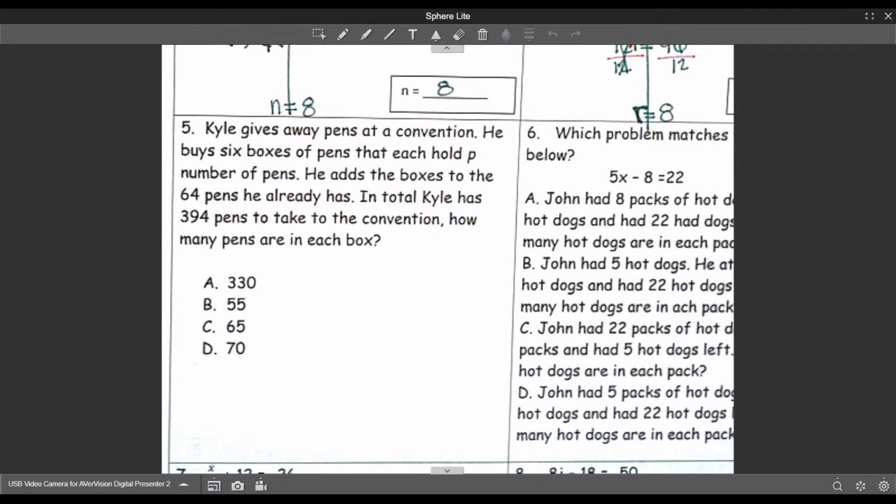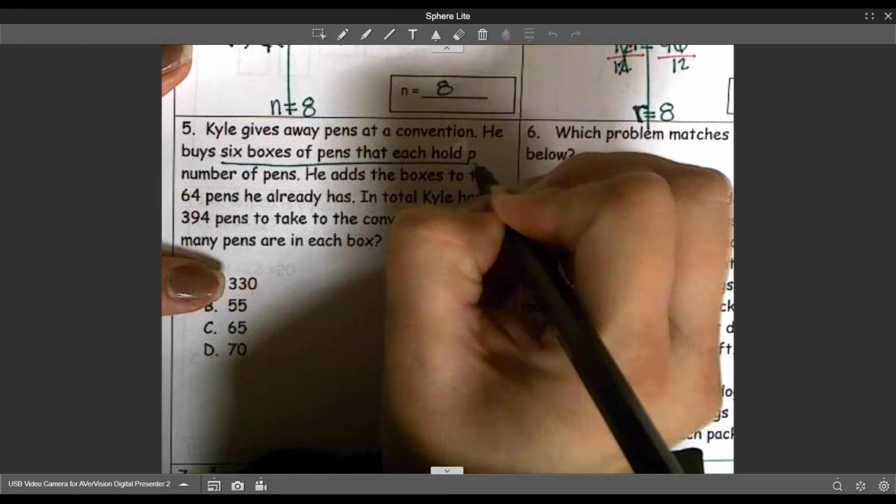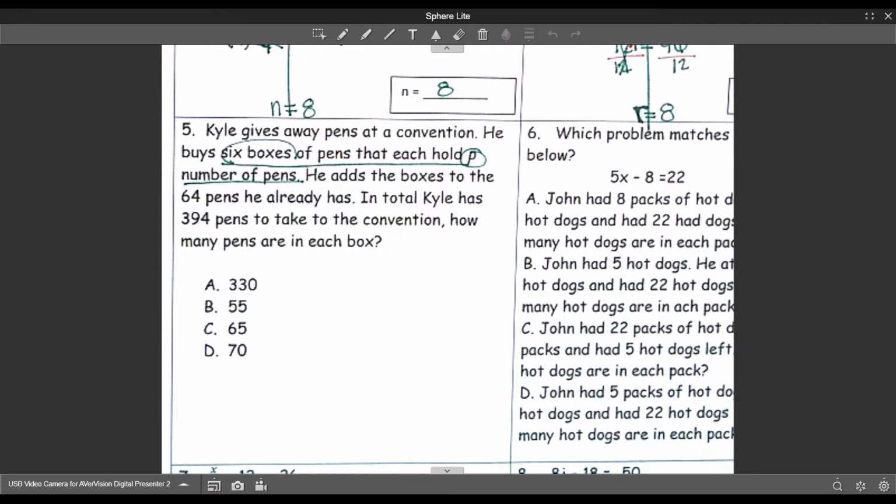Kyle gives away pens at a convention. He buys 6 boxes of pens that each hold P number of pens.